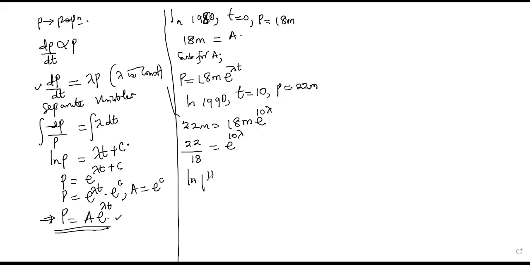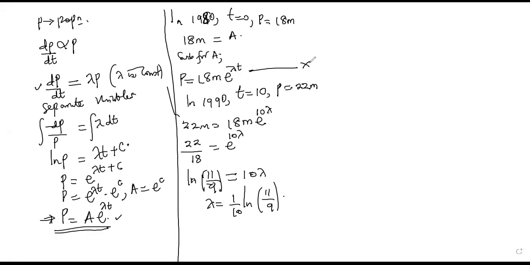So ln 11 over 9. But this side, when you introduce ln, now it will be 10 lambda. It's no longer a power. Meaning if you introduce e, it goes back to the power. Okay, so ln 11/9 is 10 lambda. So implying that my lambda will be equal to, I divide by 10, so it will be 1/10 ln 11 out of 9. So after getting lambda, I will bring it here again.